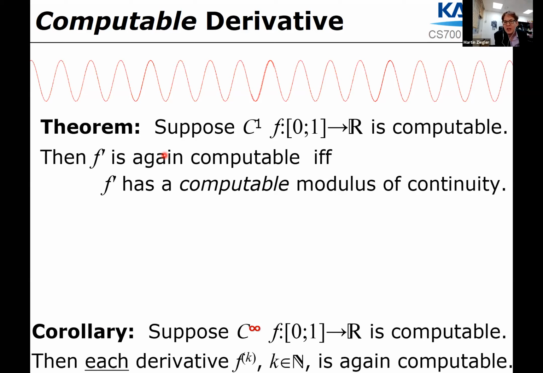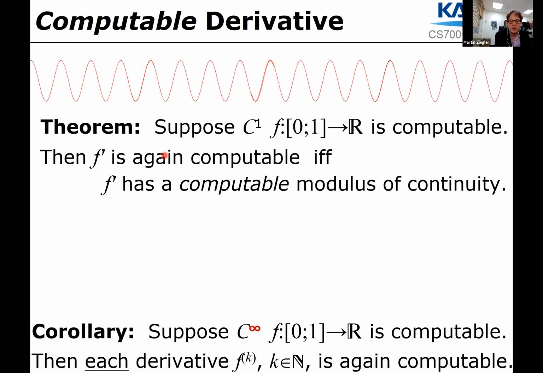We don't need any additional hypothesis about the modulus of continuity of the derivatives. But there's a subtle point involved here, namely each single derivative. It doesn't say that there's an algorithm that computes all the derivatives, but each single derivative may in general require a different algorithm.